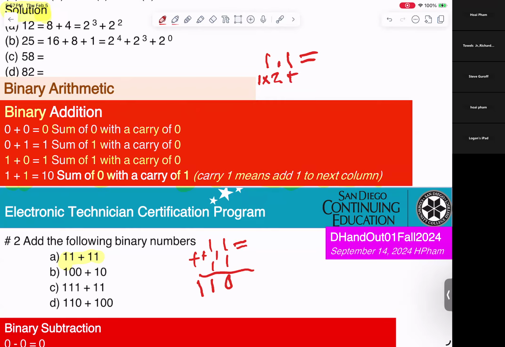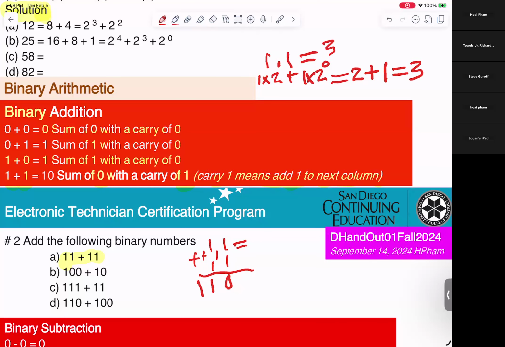Adding the next 1 times 2 power of 0. 1 times 2, 2 power of 1 means 2. 1 times 2 power of 0, they will be 1 times 1. And the decimal will be number 3.